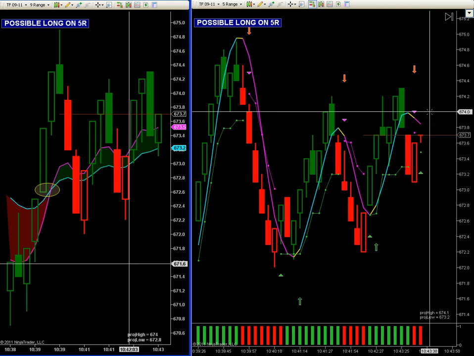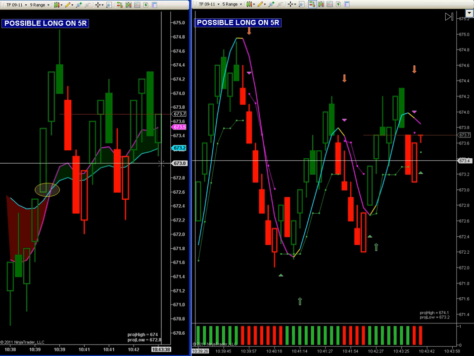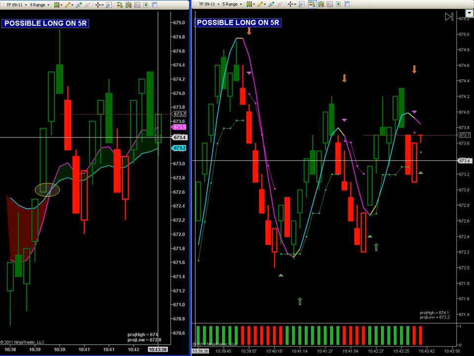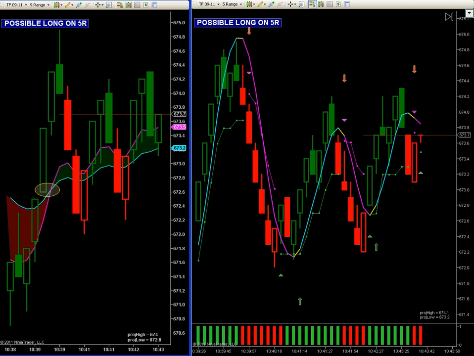When we have the remaining 5 range lower time frame entry conditions, we quickly check the 9 range, make sure both moving averages are still rising, and we have a green candle. Okay, so let's see what's going to happen and whether we will have an opportunity to place a long trade.